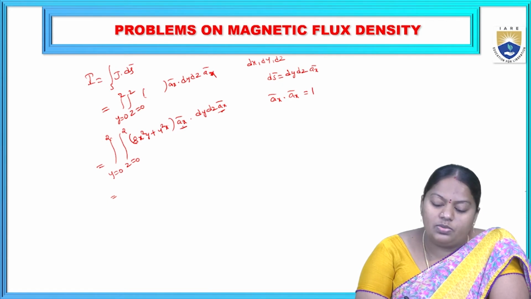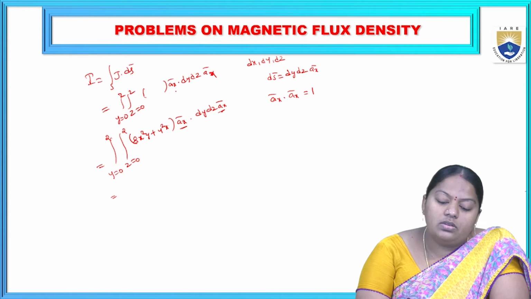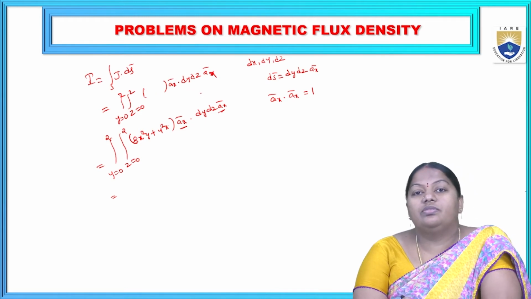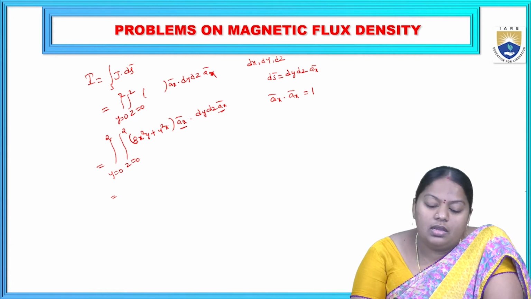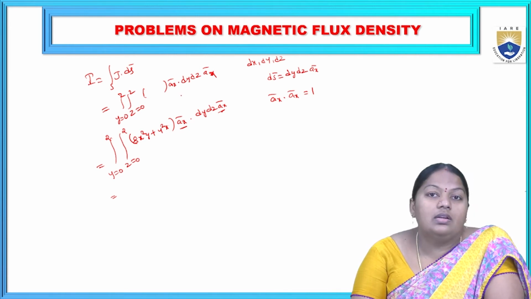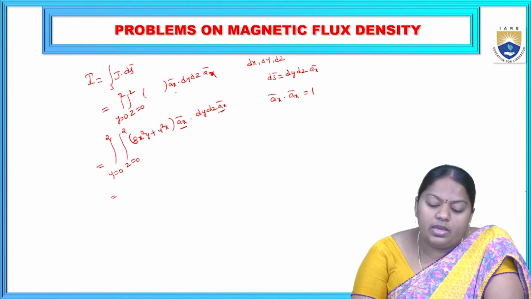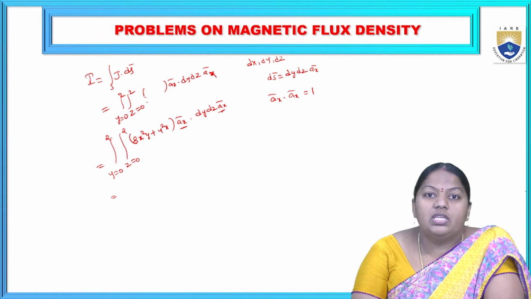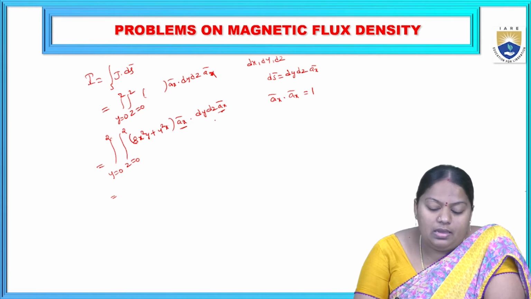If you consider the total value expressed in terms of ax, ay, az, then the dot product of adjacent vectors will be equal to 0 and the same vectors will be equal to 1. That's why we are writing with respect to the x component, and here we have considered the x component only. Right?